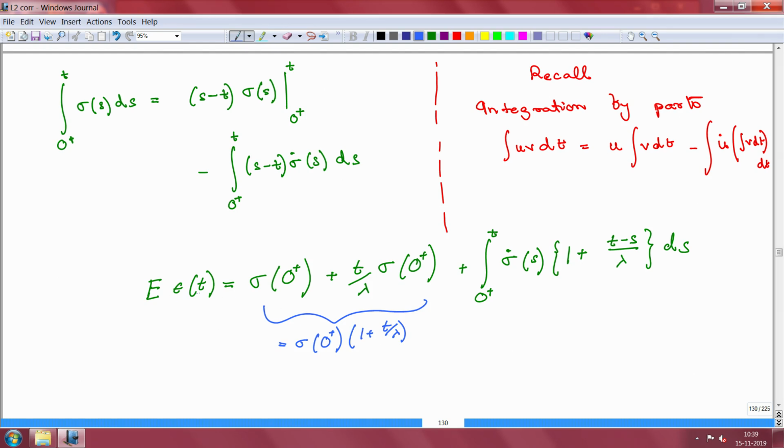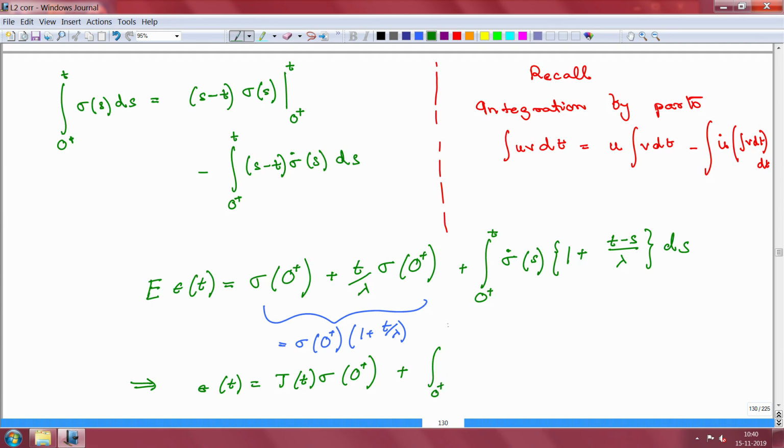And then once you bring this E over onto the right hand side, this equation simplifies further, and we end up with epsilon t, which is now J of t, multiplied by sigma 0 plus, and now you have the quantity under the integration sign, and you can see that this quantity is the creep compliance written appropriately.